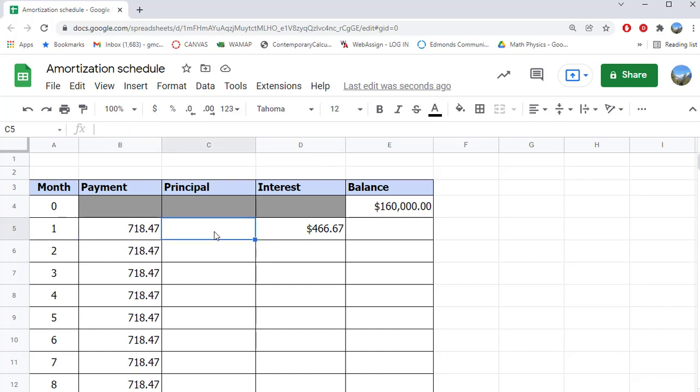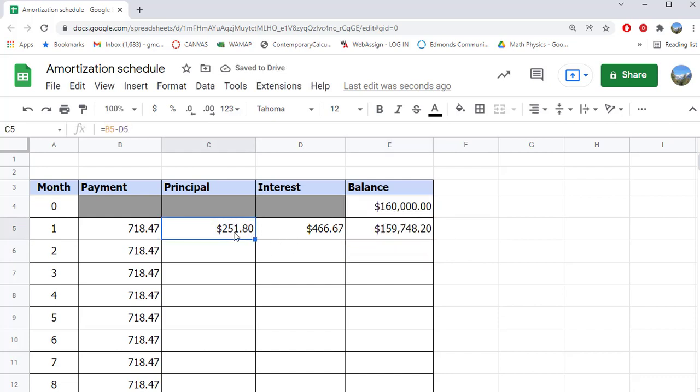So the payment is cell B, equals this cell minus this cell. Press enter. And then our balance, remember for our balance we're taking our previous month's balance and we subtract off our principal. So we're going to put an equal sign, grab that minus this. Okay, so we get those same values.